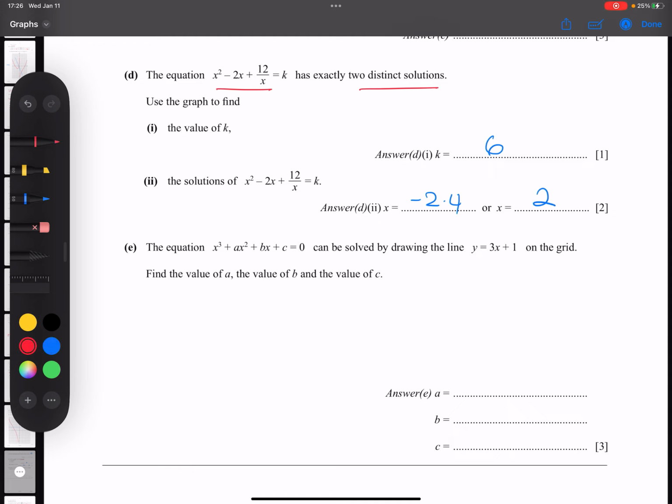The equation x cubed plus ax squared plus bx plus c equals to 0 can be solved by drawing the line y equals to 3x plus 1. On the grid, find the values of a, b, and c. Okay.